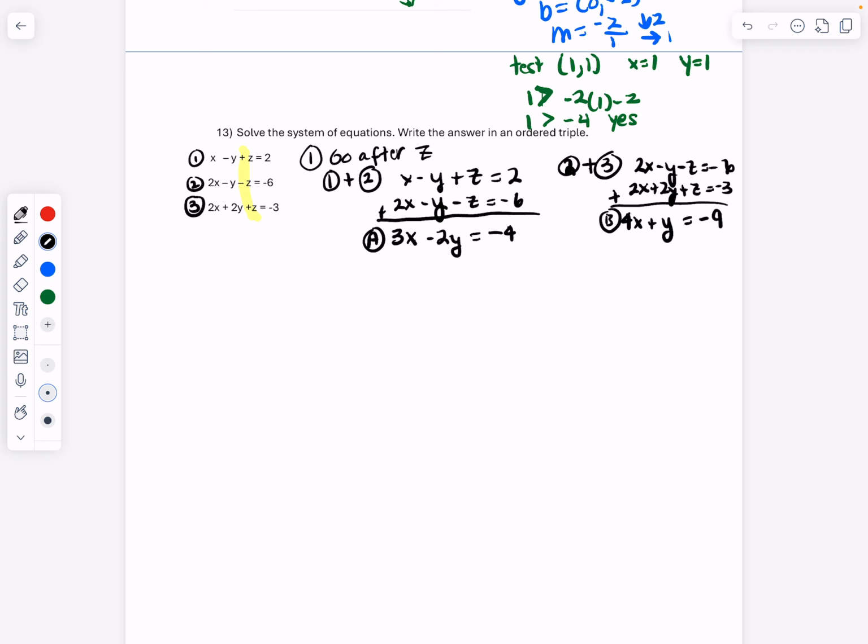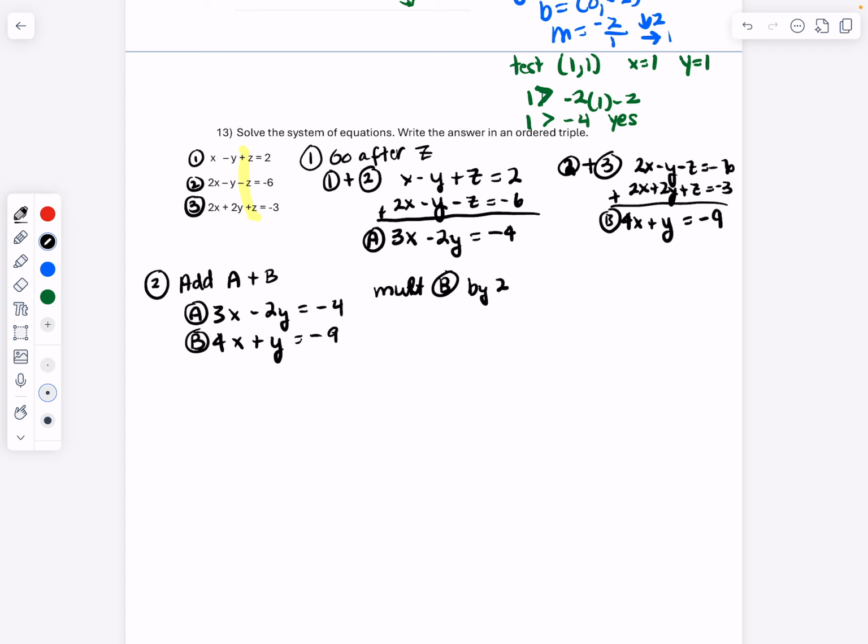Now I'm going to add A plus B. Okay, and if I add A and B together, 3x minus 2y equals negative 4, nothing's going to cross out because they are not opposites of each other. So what I'm going to do is I'm going to multiply B by 2.